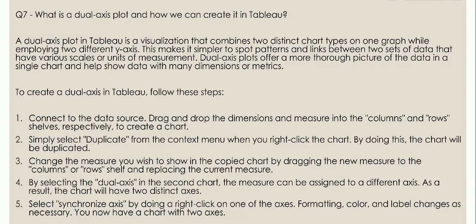By selecting the dual axis in the second chart, the measure can be assigned to a different axis. As a result, the chart will have two distinct axes. Select Synchronize Axis by right-clicking on one of the axes. Make formatting, color, and label changes as necessary. You now have a chart with two axes.